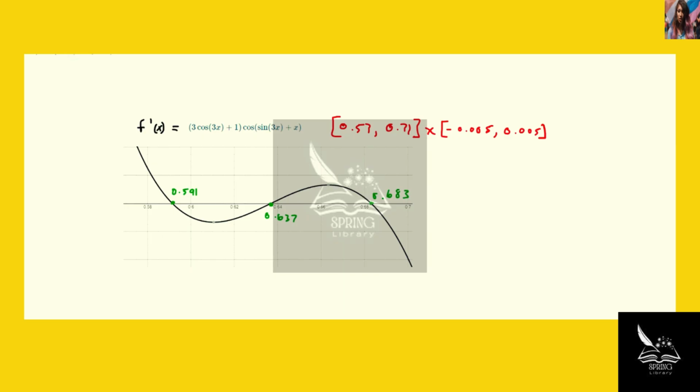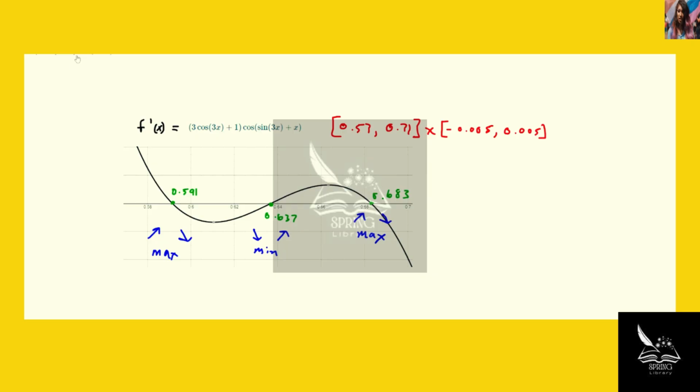To the left of 0.591, the function is increasing into this point and decreasing after, so that's a maximum, by using the first derivative test. This second value is decreasing into it because it's a negative slope to the left and a positive slope to the right, so this is going to be a minimum. And for our other value, it's increasing into the point and then decreasing after, so that would be a local max.